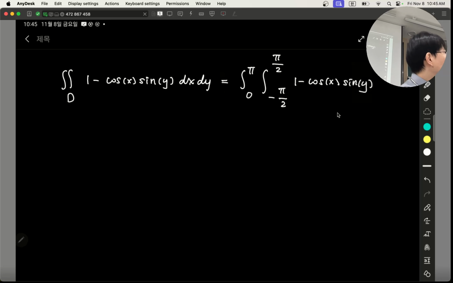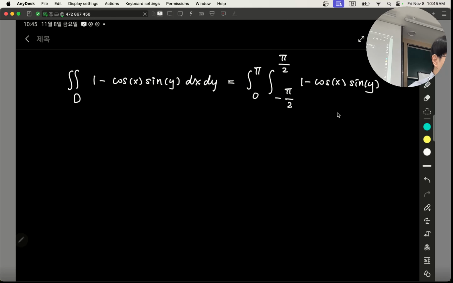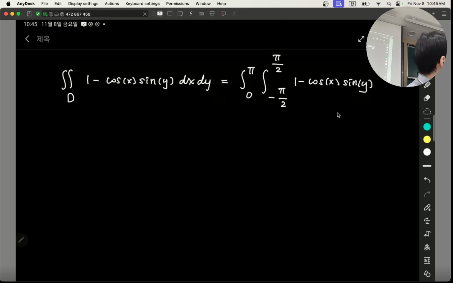Now, in the double integral notation, dx dy is just symbolic notation. It doesn't matter whether you write it as dy dx or dx dy. But when you write an iterated integral, you need to specify which variable you integrate first. So when you write the iterated integral in this order, minus pi over 2 to pi over 2 is the range of the variable y, not x.